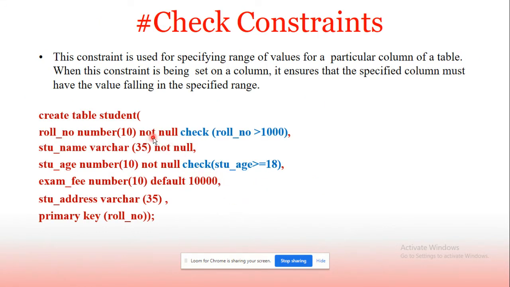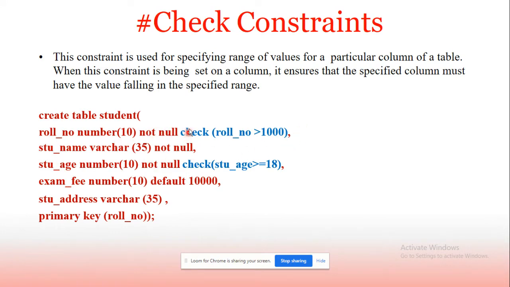Here we have defined the constraint roll number with not null, means roll number cannot be null. Next we have defined the check constraint: the roll number should be greater than 1,000. So here we have defined two constraints. And also we can write unique, means we can define multiple constraints at the same time, and there is no issue with that.